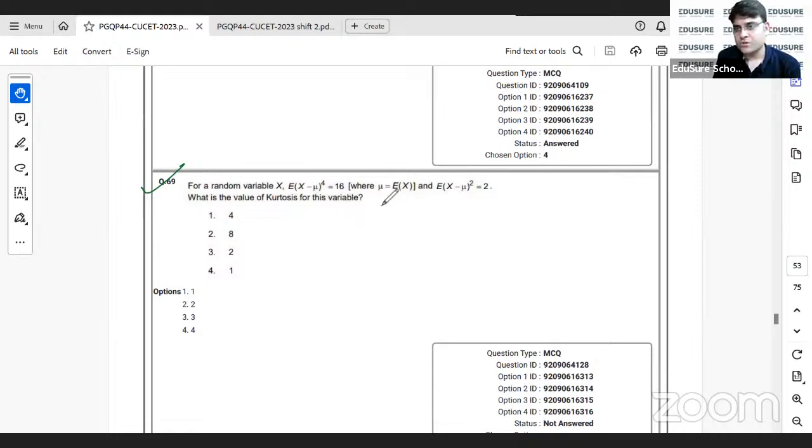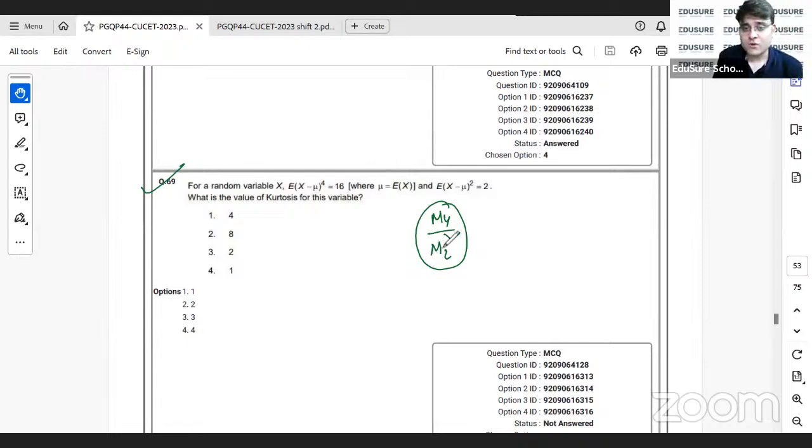What is the value of the kurtosis? The value of the kurtosis is given by the formula m4 by m2 square. This comes out to be 3 in the case of a normal distribution. This is the formula. I hope that is fine.